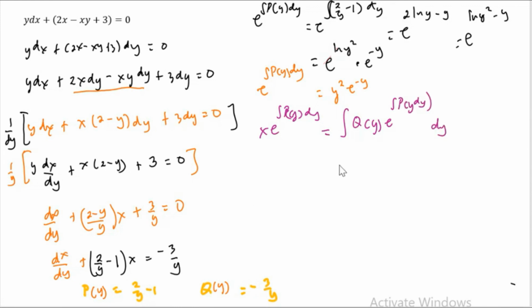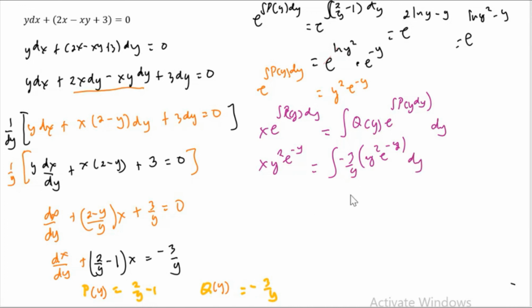By substituting the integrating factor, we have x times y squared e raised to negative y is equal to the integral of q of y, which is negative 3 over y, times the integrating factor, y squared times e raised to negative y, dy.